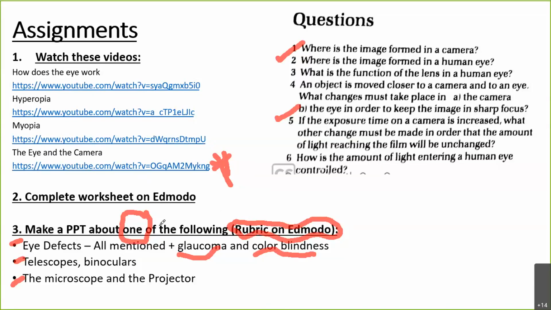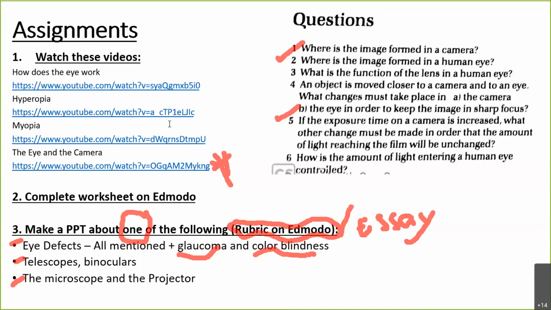If anybody has difficulty doing a PowerPoint, you can just as well write an essay, okay? If you prefer that, I can give you that option, okay? So PowerPoint, or you can write an essay. Okay, I can do that.